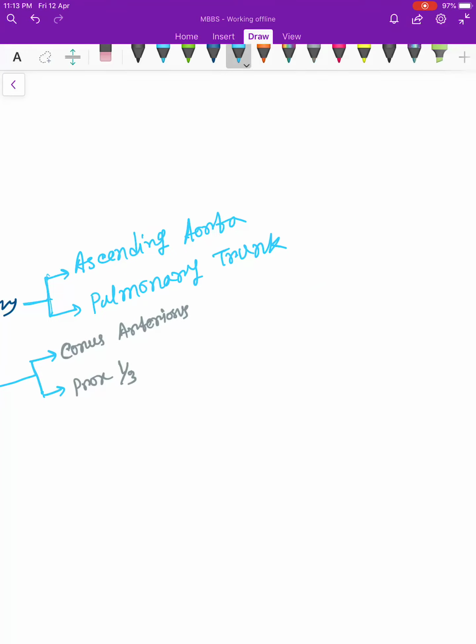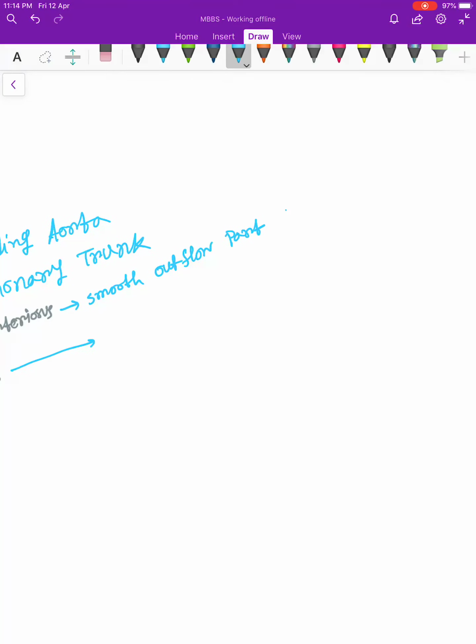Okay, from conus arteriosus, the smooth outflow part of both ventricles will develop, and from the proximal 1/3, the rough inflow part of the right sided ventricle.